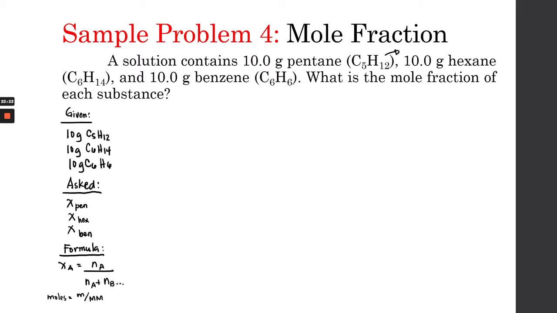So in this case, let's write the molecular mass of each substance. The molecular mass for pentane is 72.15 grams per mole. For hexane, the molecular mass is 88.18 grams per mole.